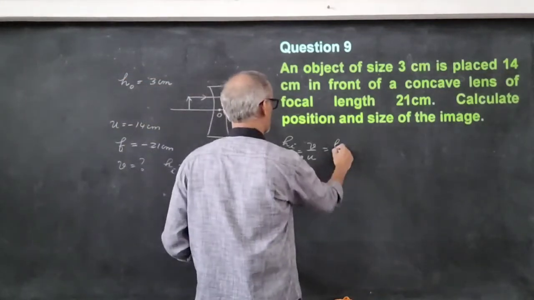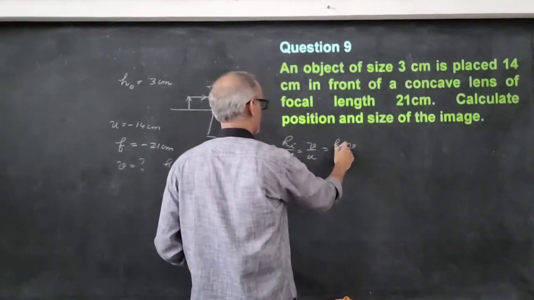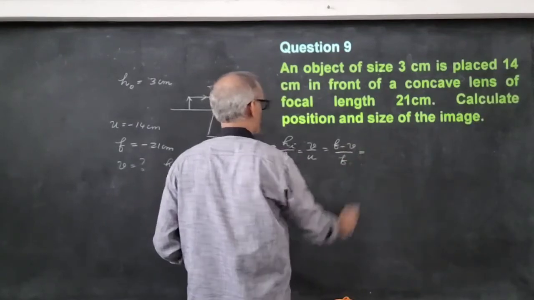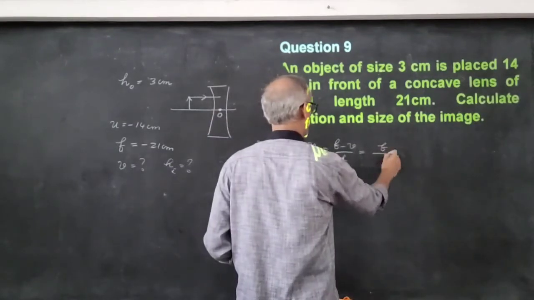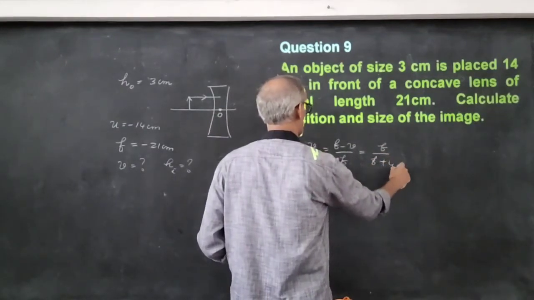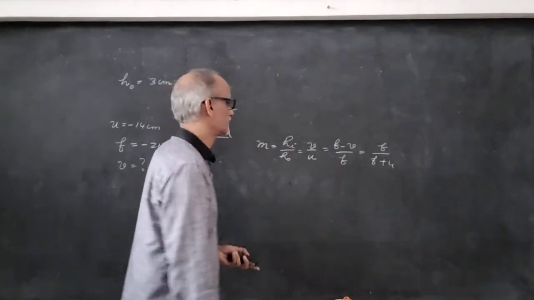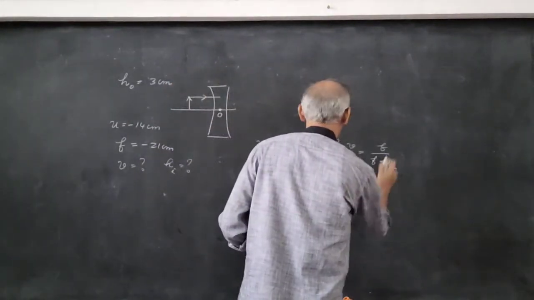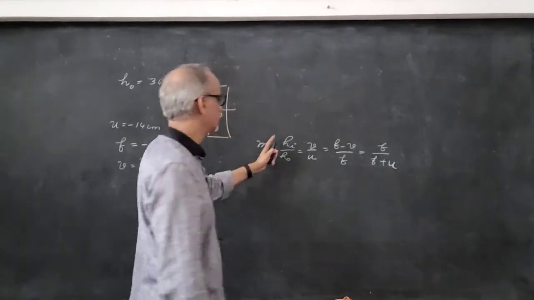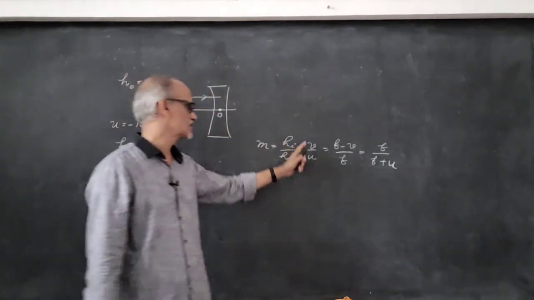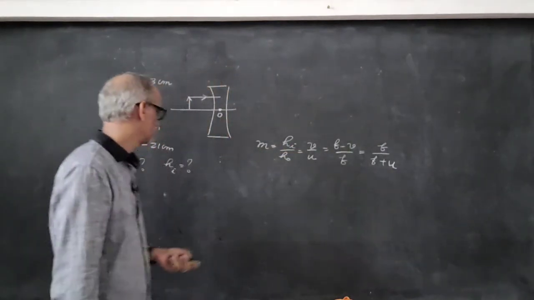That is equal to f minus v by f, and that is also equal to f by f plus u. So, this is the formula that relates the height of the image, height of the object, object distance, image distance, and focal length.